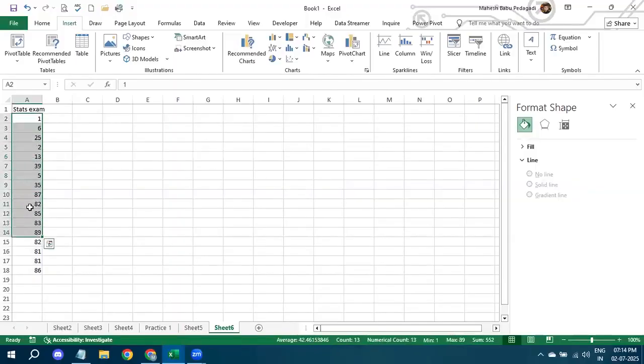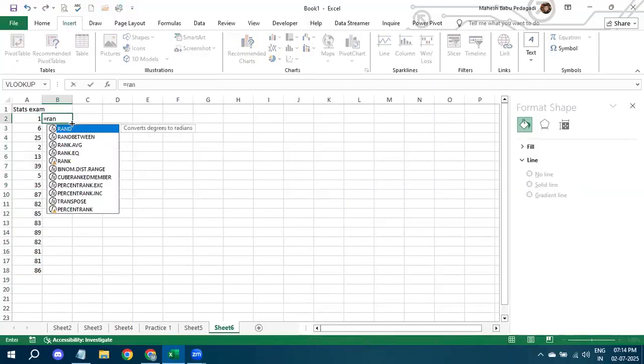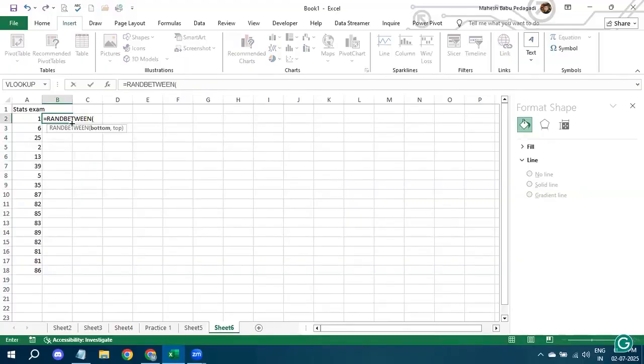This was for left skewed data. Now I will do another one, with RANDBETWEEN, let's say, 20 to 40.